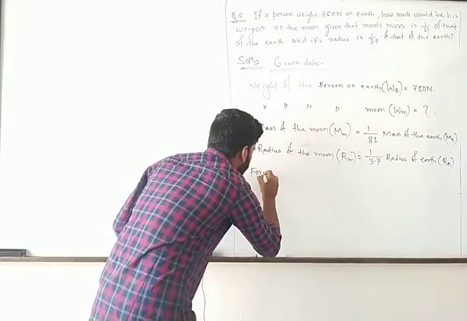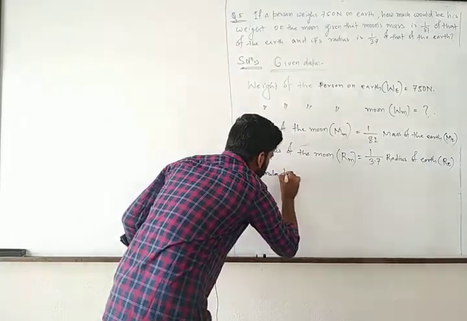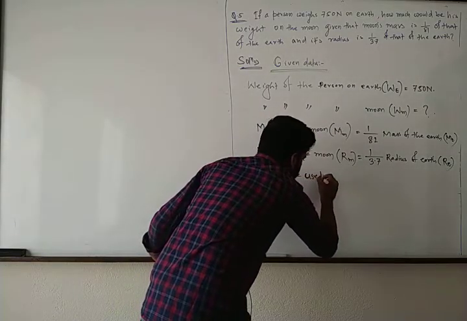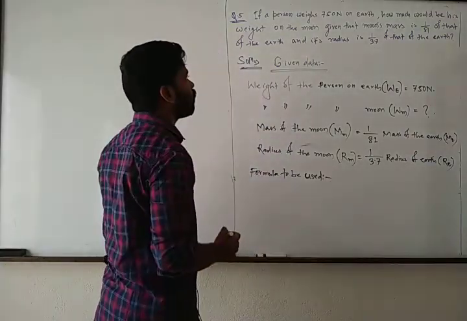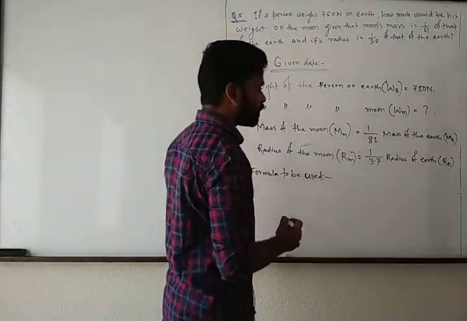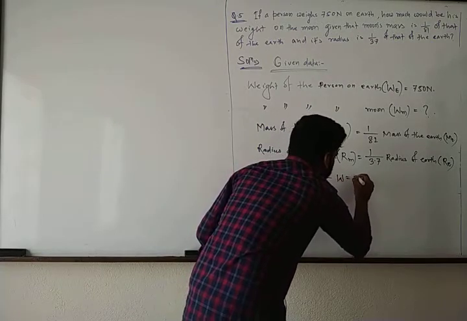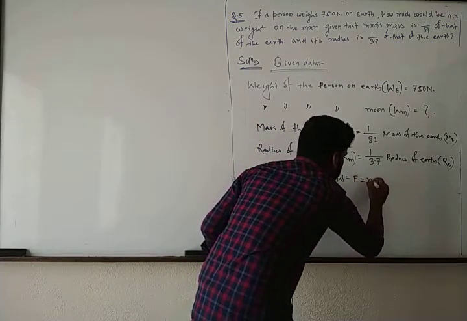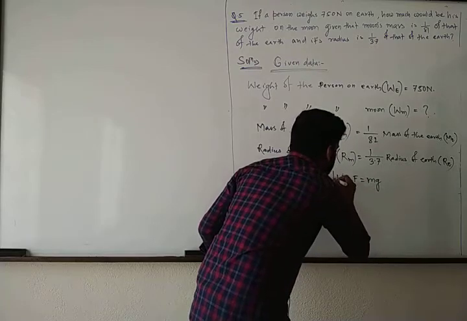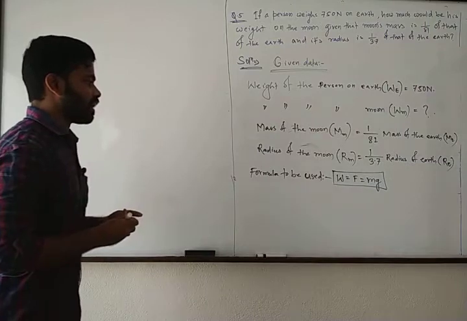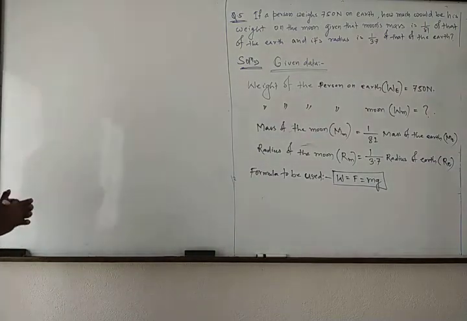So let me write the formula to be used. To know the formula for weight, weight is nothing but the gravitational force acting, and it is equal to mass into acceleration due to gravity. Now let us proceed further.